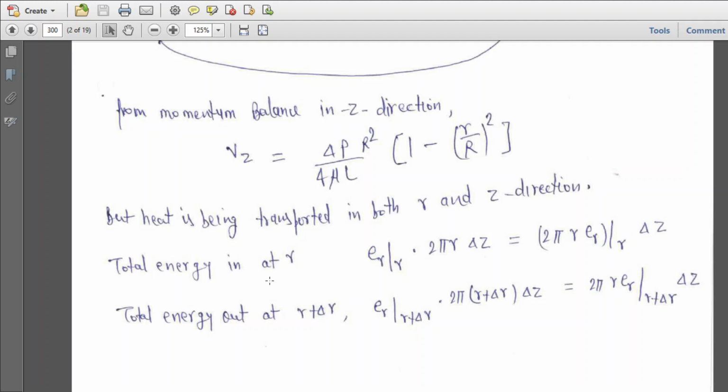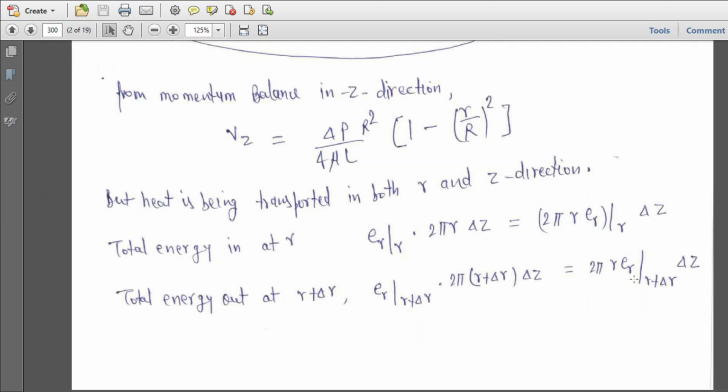So total energy in at r would be the energy flux at r multiplied by the area: 2 pi r E_r at r, multiplied by delta z. Total energy out at r plus delta r would be equal to 2 pi r E_r at r plus delta r, times delta z.